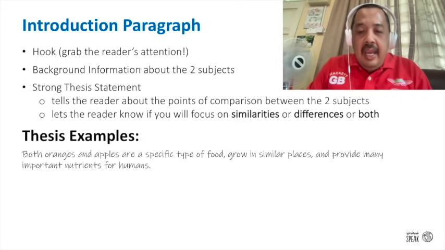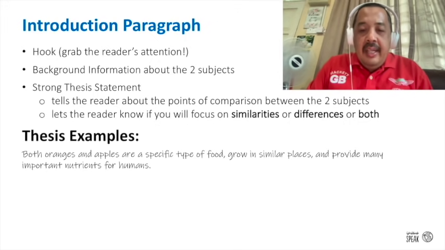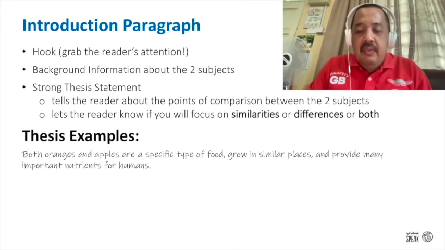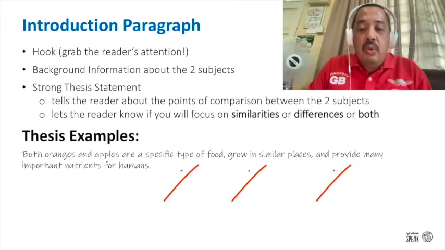So let's say we are going to talk about similarities. You can see the thesis sentence for that, it says both oranges and apples are a specific type of food grown in similar places and provide many important nutrients for humans.